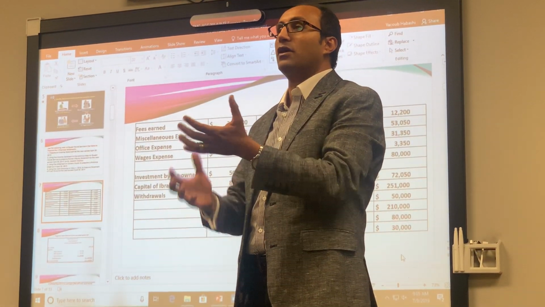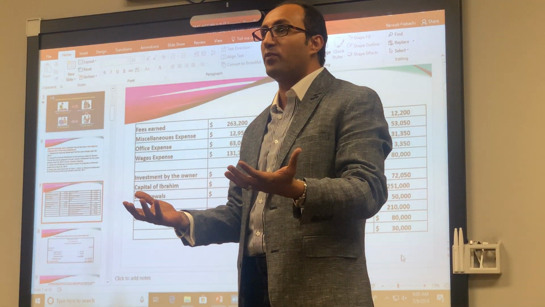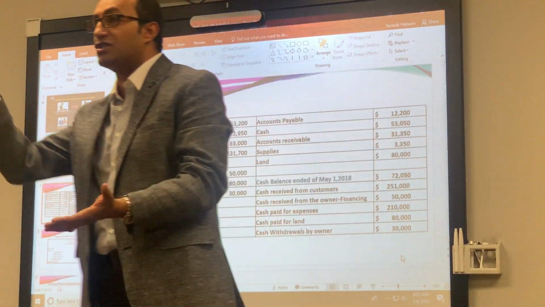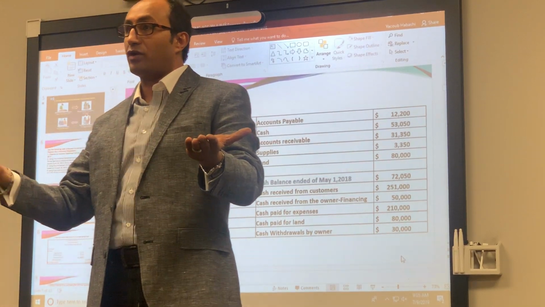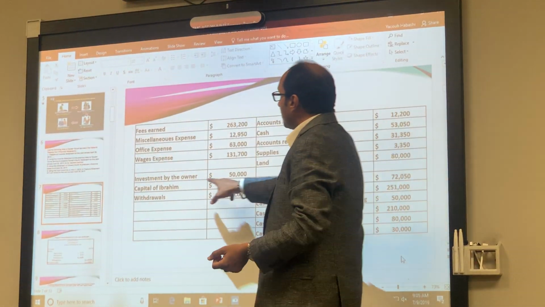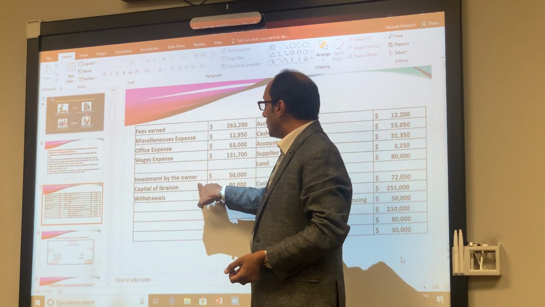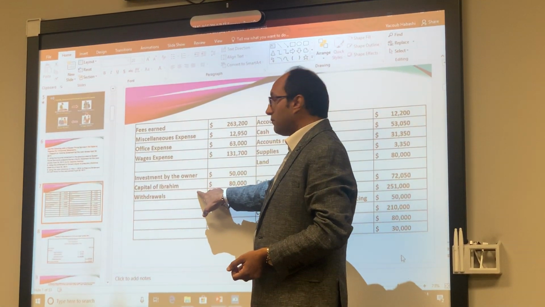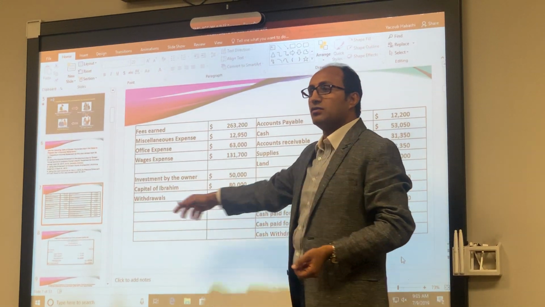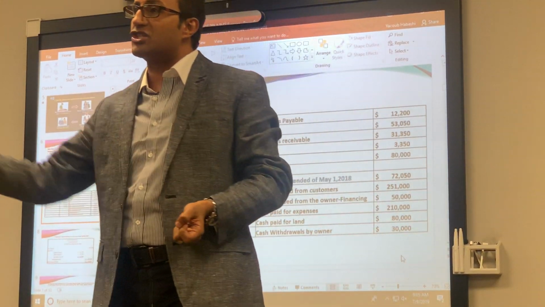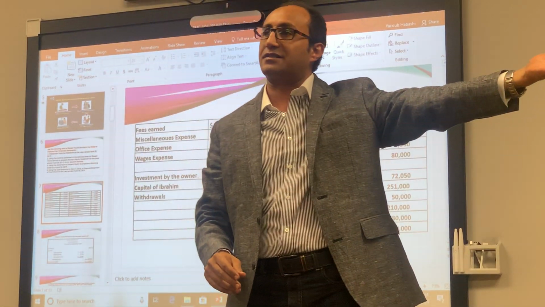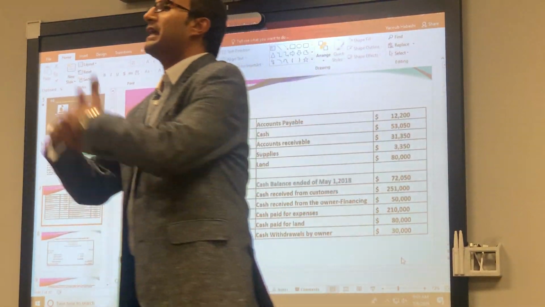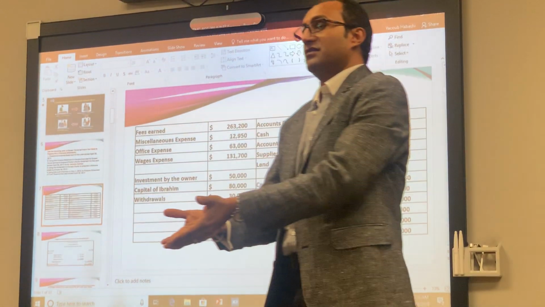Owner's equity gives you a clear picture of your financial position and the change up or down in the balance. So you will use investment by owner, capital of Abraham, and withdraw, which is taking cash out from your business to spend elsewhere or to reinvest. It depends on the case, okay?